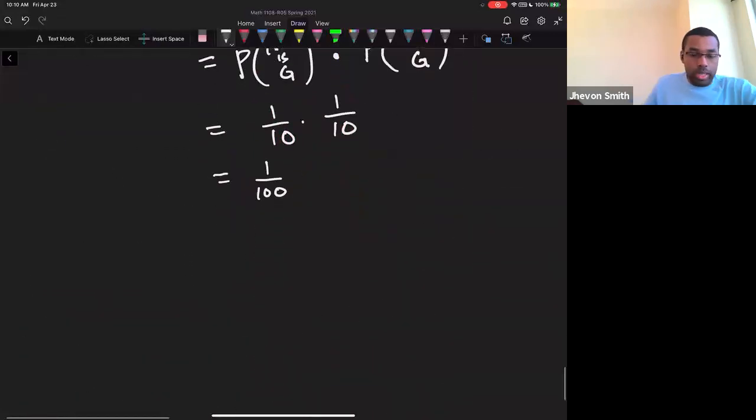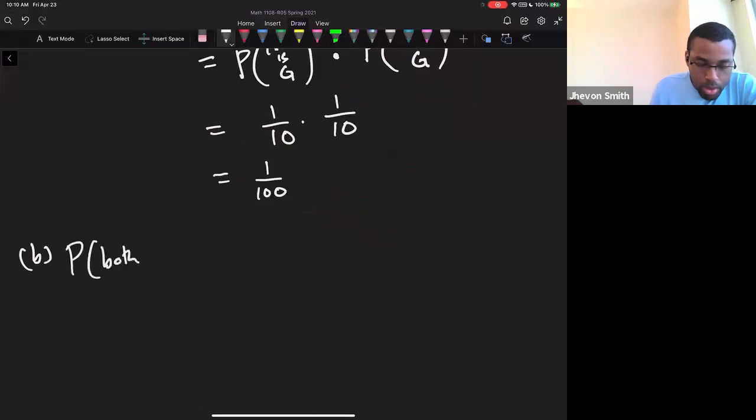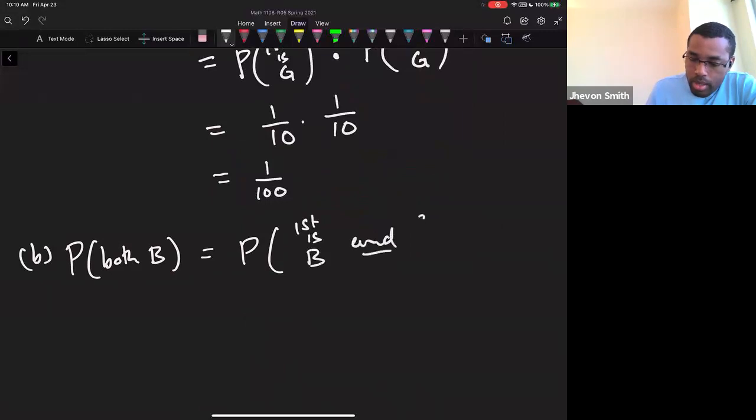Both blue. What are the chances that you pick both blue? Well, it's a very similar thing. The probability that both are blue would be the probability that first is blue and second is blue.